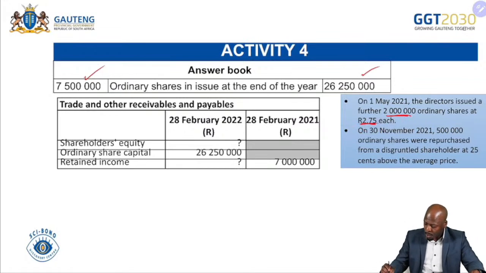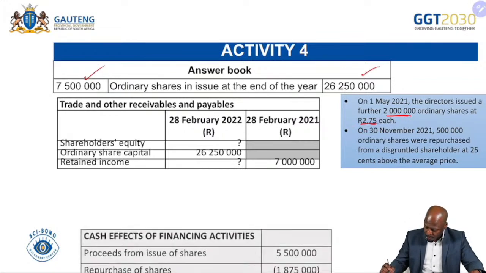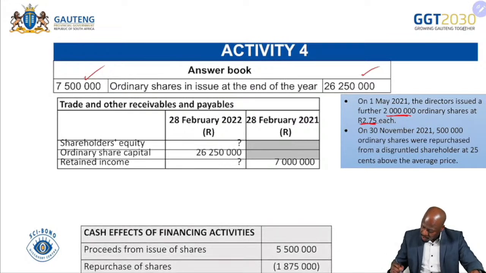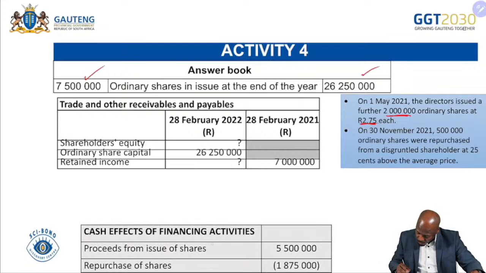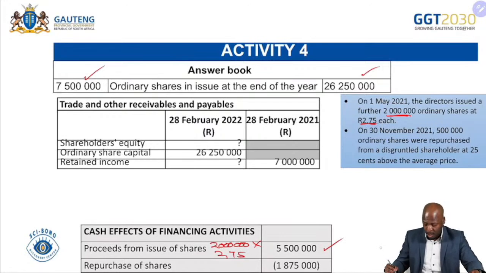Okay, so let's see how do we record that one. So proceeds from issue of shares, the directors issued how many shares? 2 million. So it's going to be your 2 million shares, and these were issued at 2.75 Rand. That is how you get your 5.5 million.